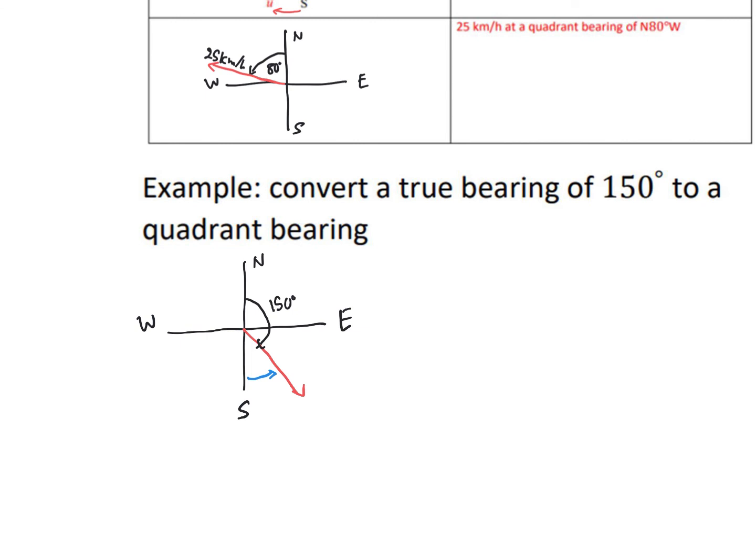I know it's 150 to the resultant from north, and I know south is 180. So if I do 180 minus 150, I will get that bearing of 30 degrees. This can be described as starting at south, headed 30 degrees towards the east.